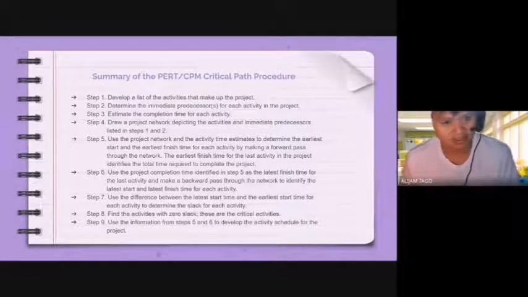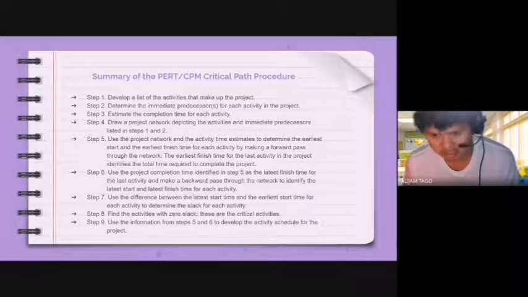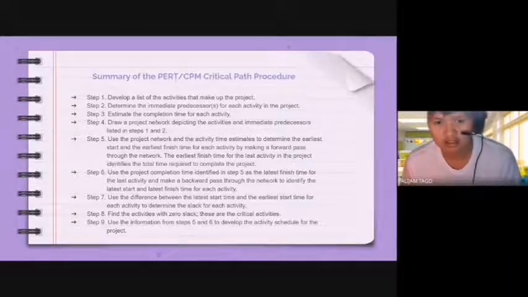Step 6 is to use the project completion time identified in Step 5 as the latest finish time for the last activity and make a backward pass through the network to identify the latest start and latest finish time for each activity. Step 7 is to use the difference between the latest start time and the earliest start time for each activity to determine the slack for each activity. Step 8 is to find the activities with zero slack.